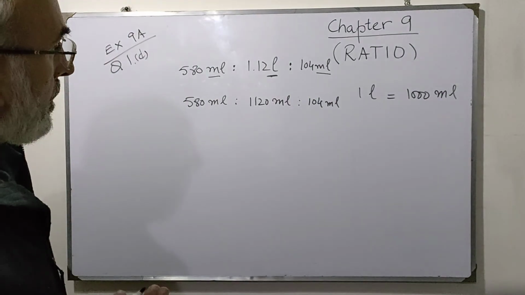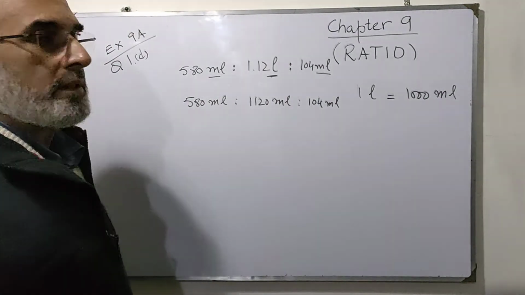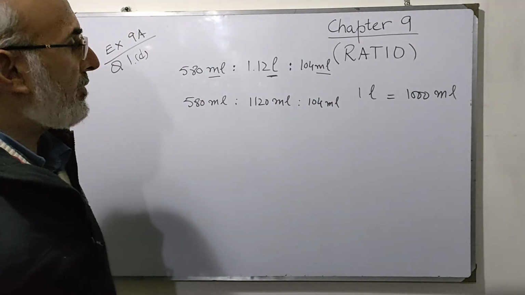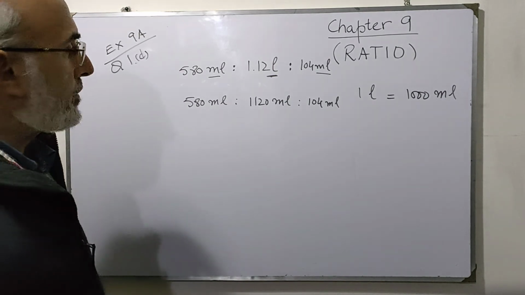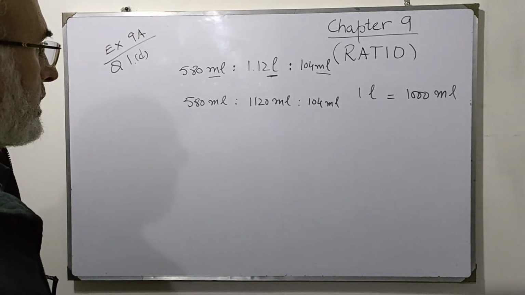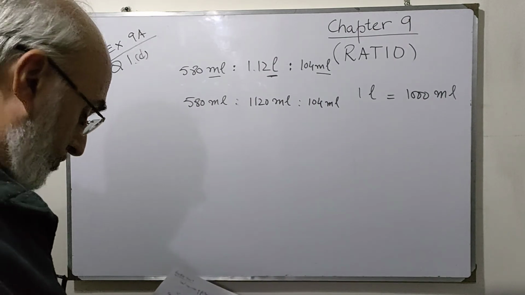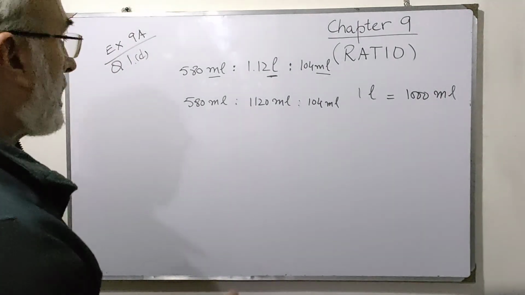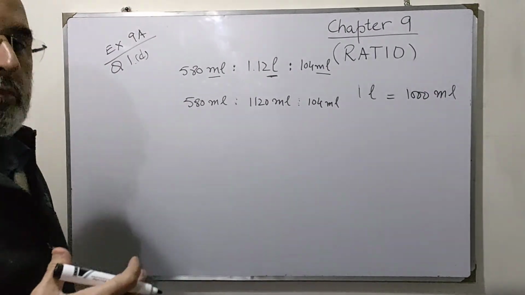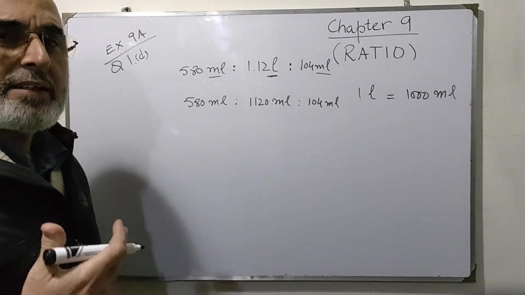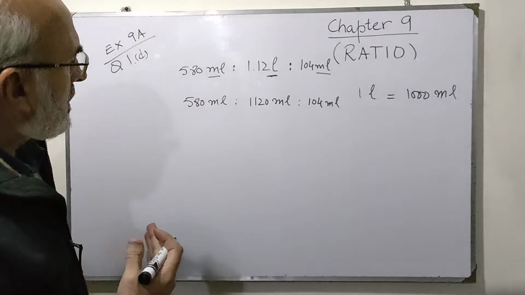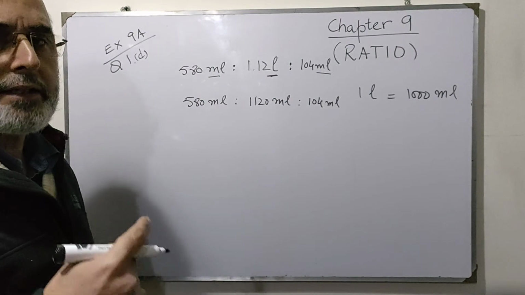Now all the quantities, all the numbers, have the same unit, milliliters. Now we have to simplify it. If you cannot simplify directly, you can simplify in steps.